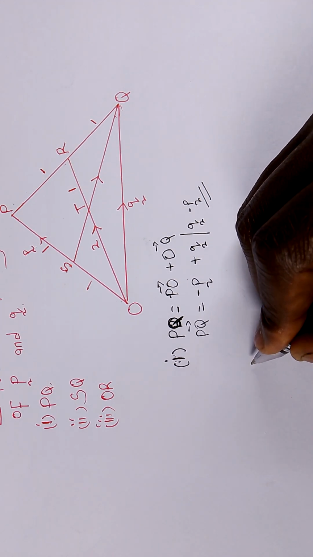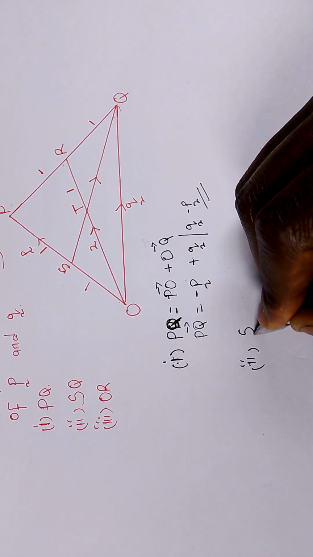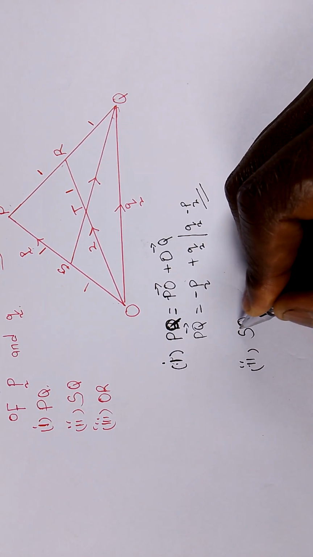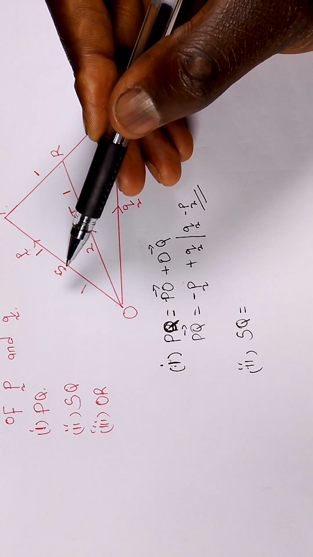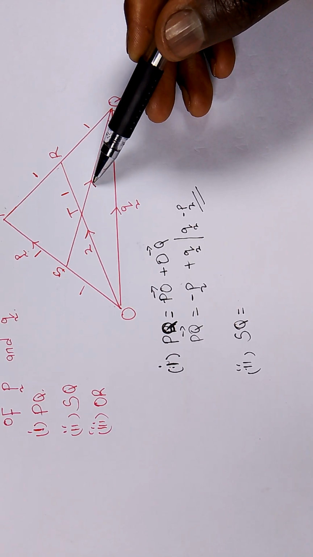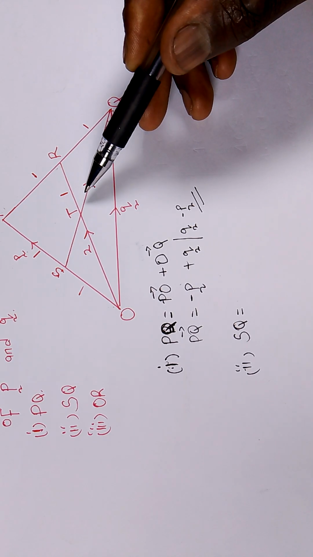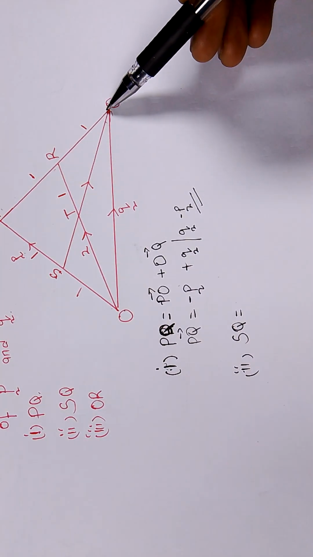Let's proceed to vector SQ. So for us to determine vector SQ, we are moving from S to Q, and this is the direction of our vector. So for moving from S to Q, we will use the route SO plus OQ.